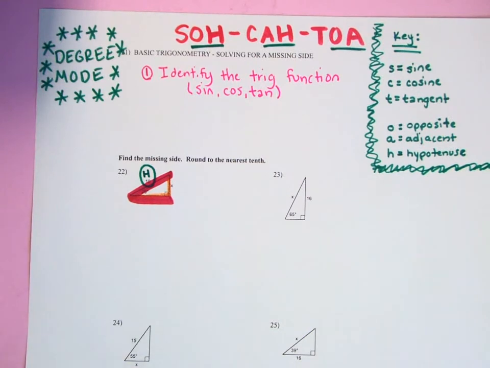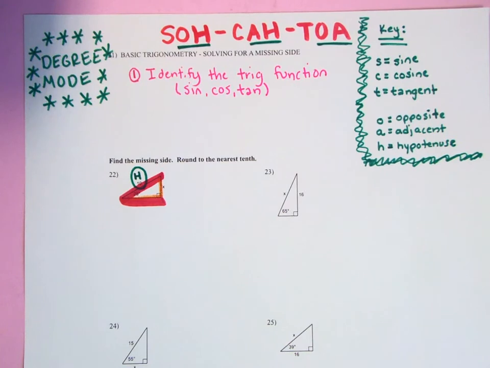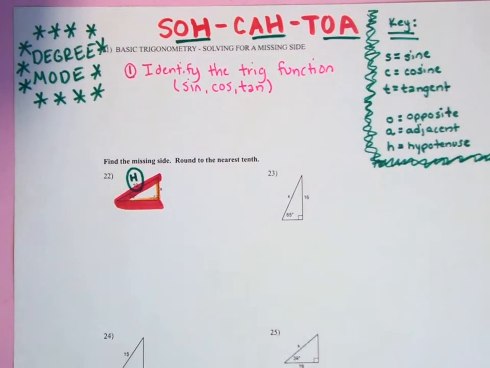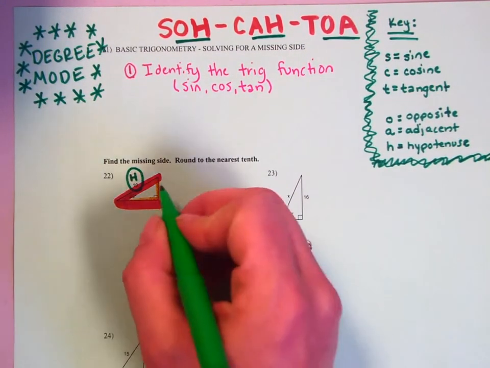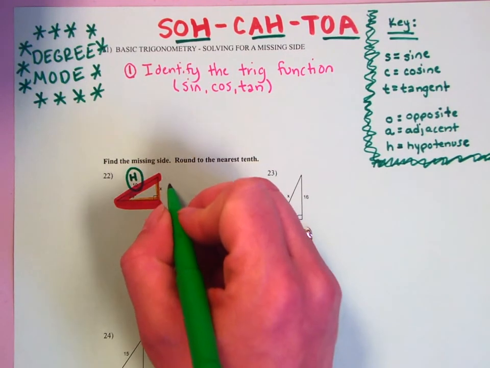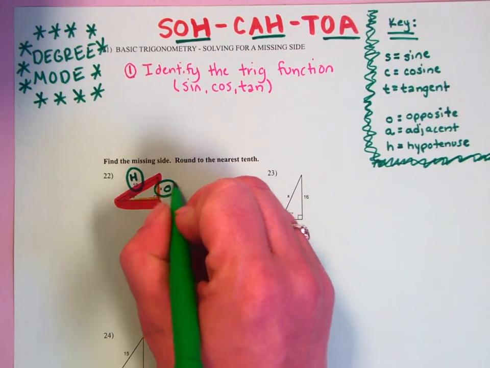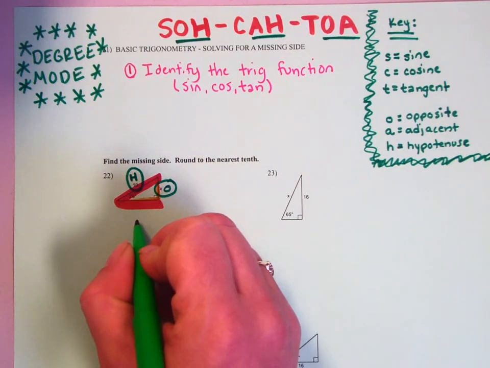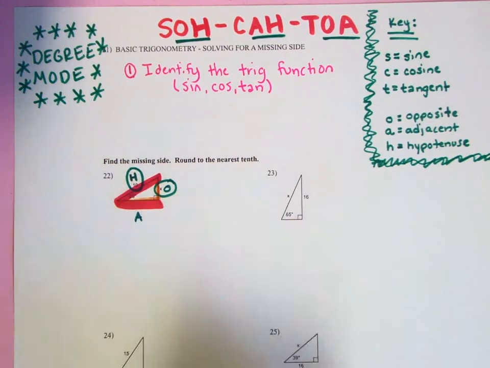The angle in question here is 29 degrees. And this tells me that the opposite is x. That means the blank side is the adjacent.